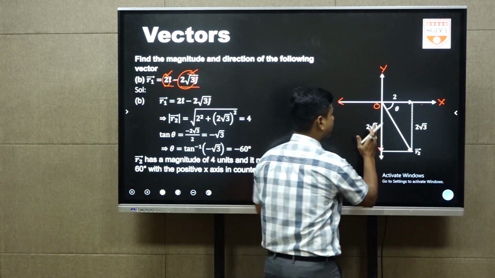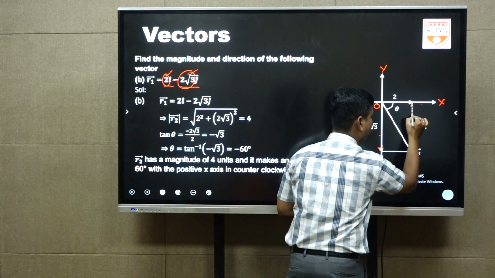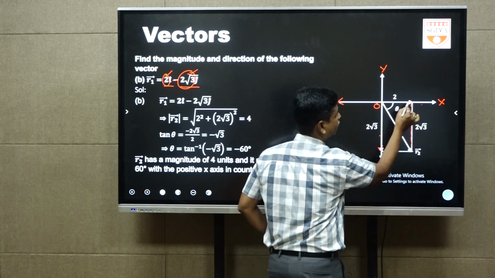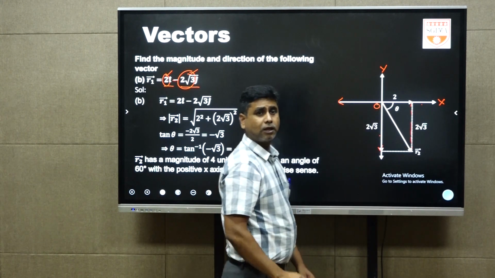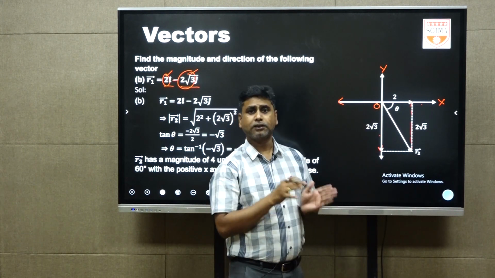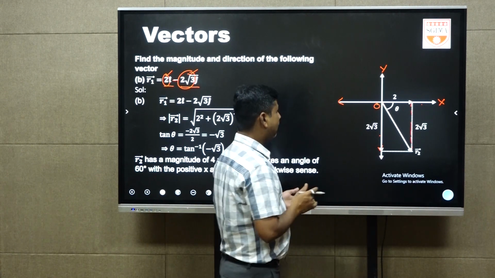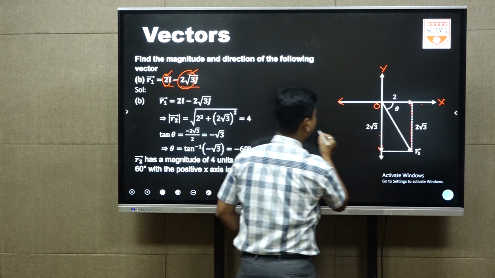Then this vector is shifted here, shown with the dotted line. Then a right angle triangle is formed. When the right angle triangle is formed, you can find either the direction or the magnitude, whichever you want.